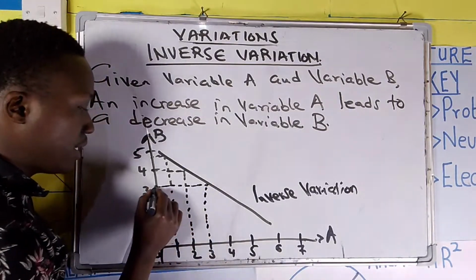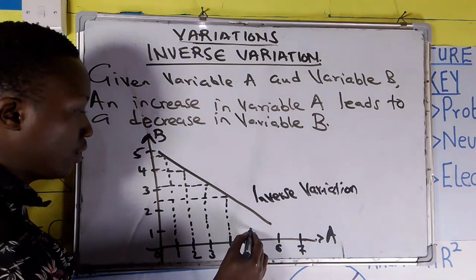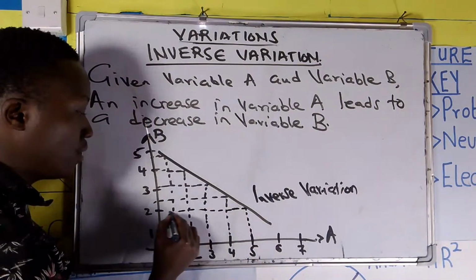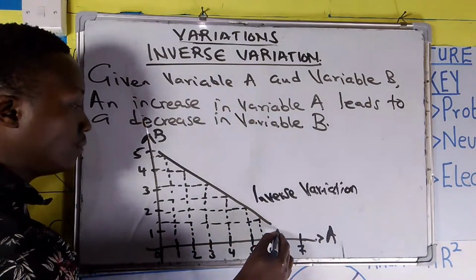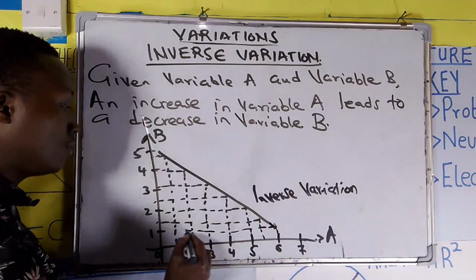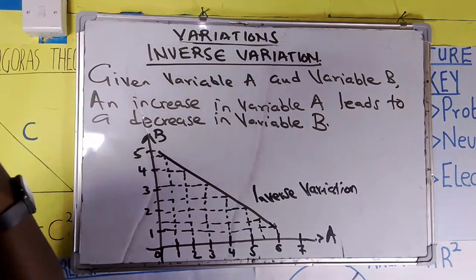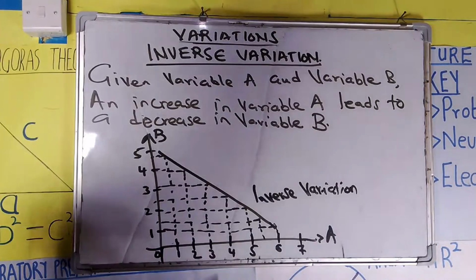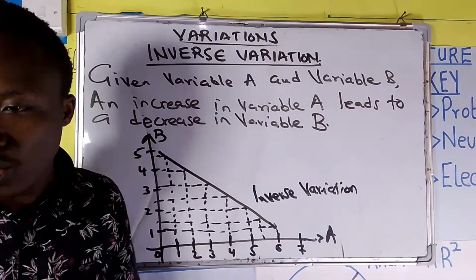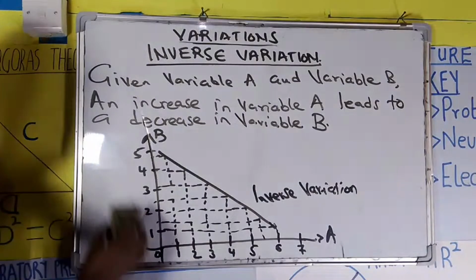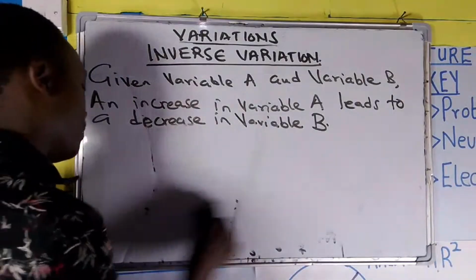You can see variable B is decreasing. So this is a graphical representation of inverse variation.